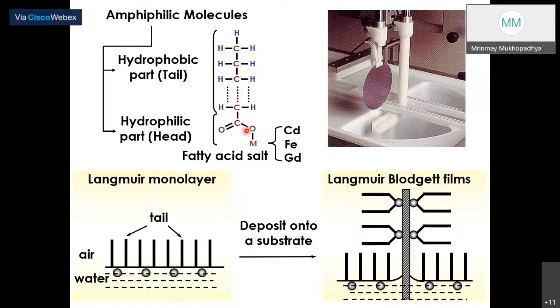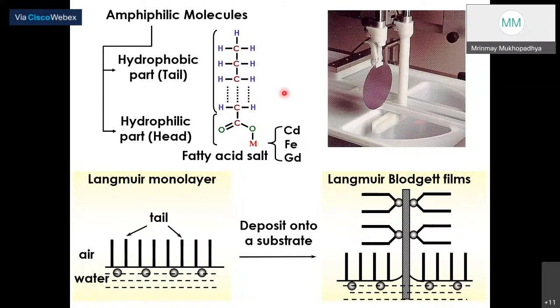Instead of forming a micelle, what we have done is spread it on the water surface. Spreading means we made a solution of these molecules in chloroform, and then drop by drop we put it on the water surface.